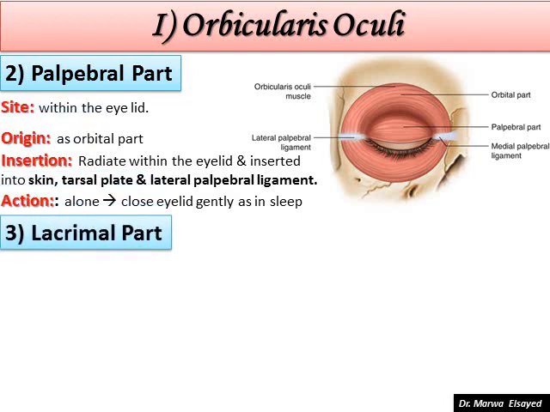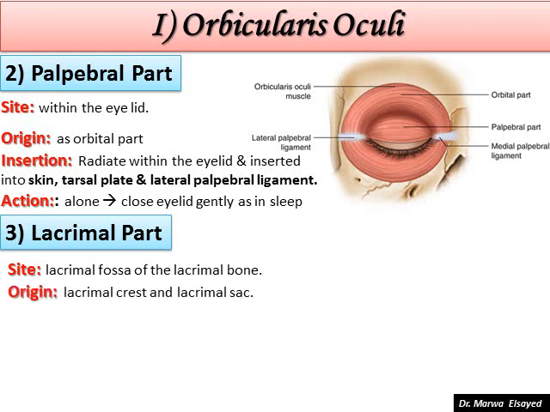The lacrimal part of the orbicularis oculi muscle is present in the lacrimal fossa. This lacrimal part takes origin from the lacrimal crest and the nasolacrimal sac, and is inserted also into the tarsal plates of the eyelids.